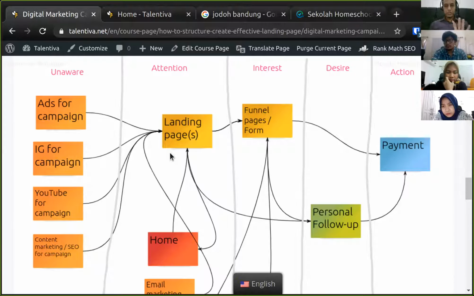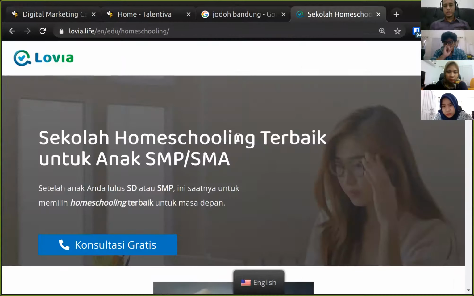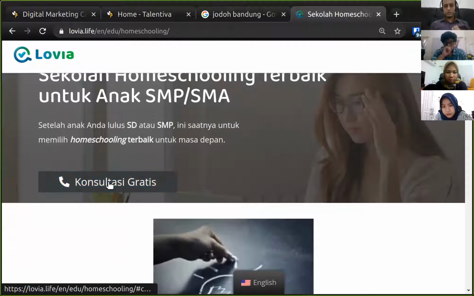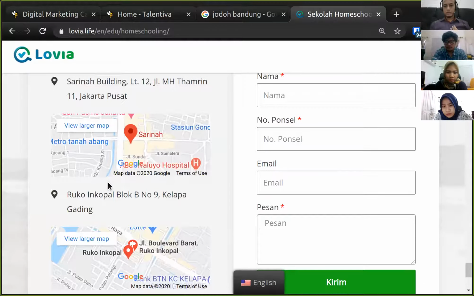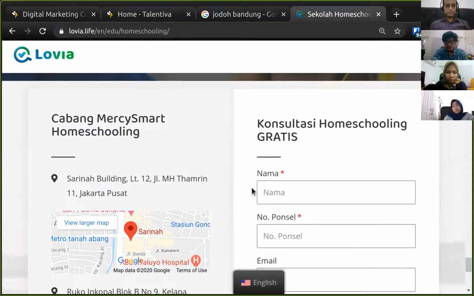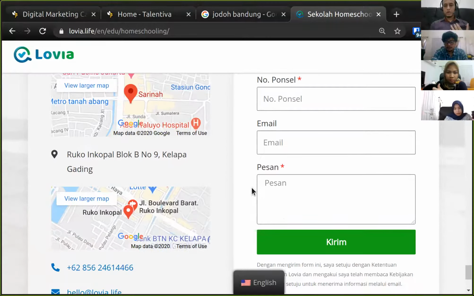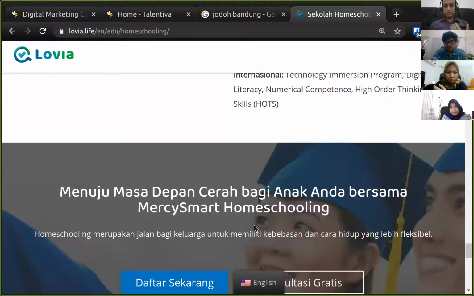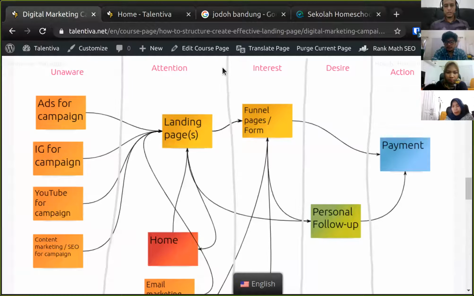So the job of the landing page is to move that customer into interest. And that is usually by making a form that they can fill in to contact us, or a WhatsApp number that they can contact.